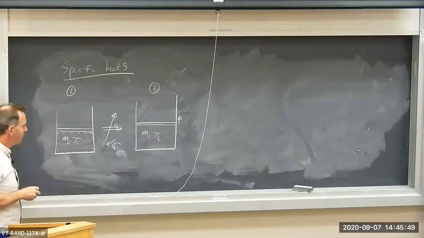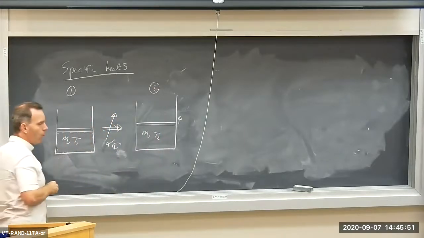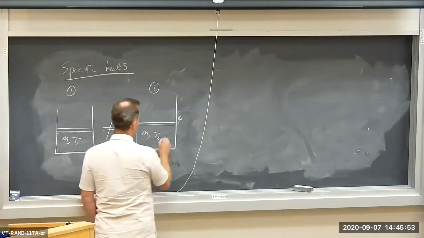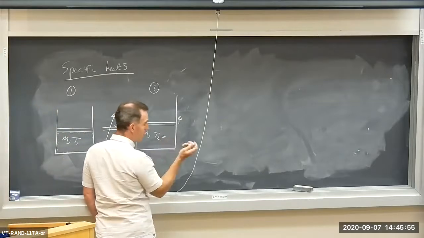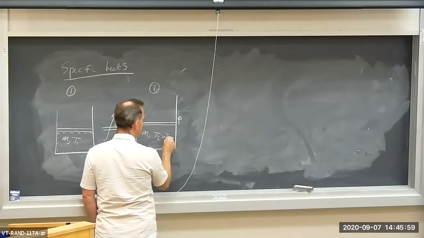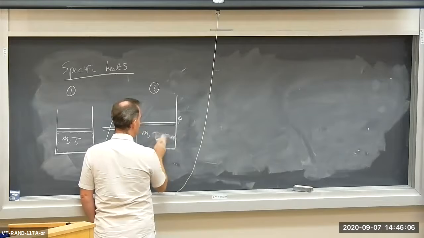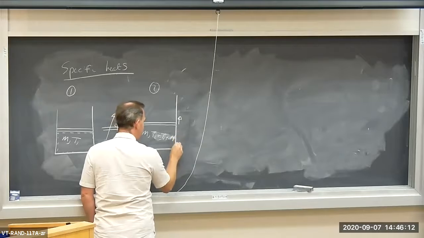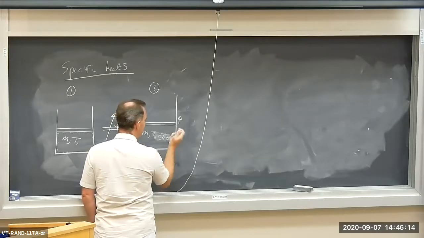And by the way, what's the temperature at state 2? The temperature at state 2 is equal to the temperature at state 1 plus the differential change in temperature. So T2 is T1 plus a differential, dT.